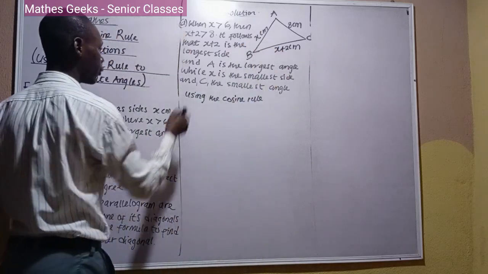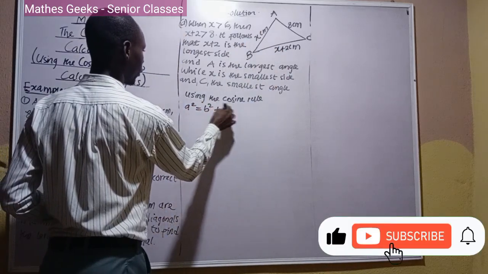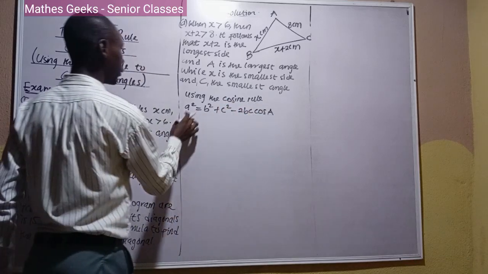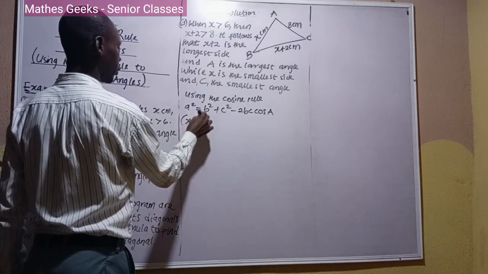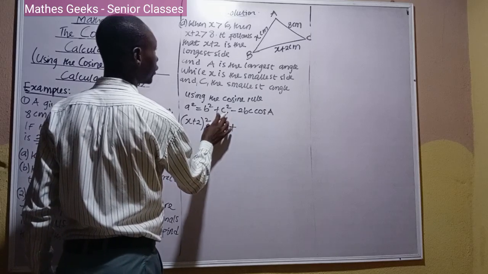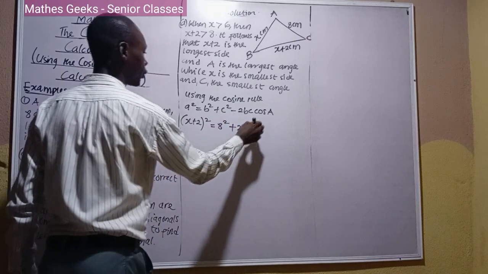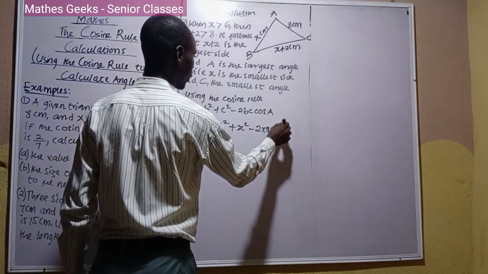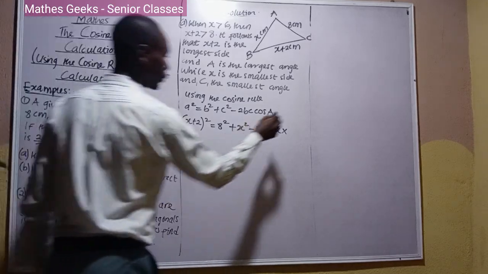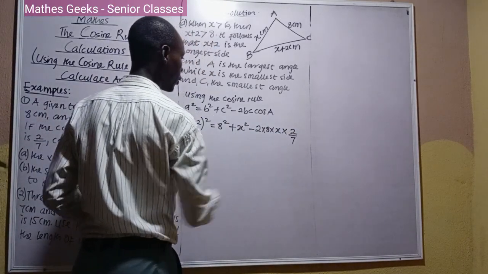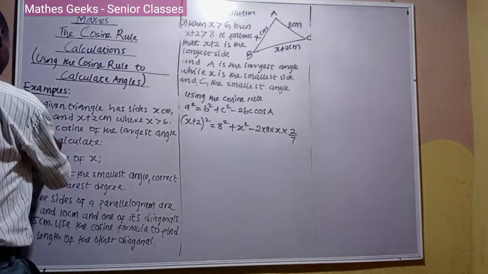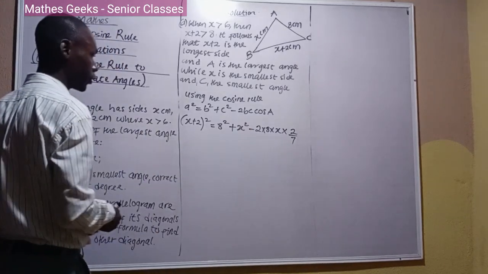E squared equals b squared plus c squared minus 2bc cos E, where E squared is (x plus 2) squared, b is 8 so 8 squared, plus c squared which is x squared, minus 2 times 8 times x, and cosine, we say the cosine of the largest angle is 2 over 7. So in this case, we use what is given to you. It's not necessary for you to get the angle in angle form. Just use it as it was given to you.